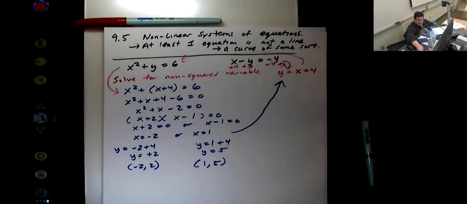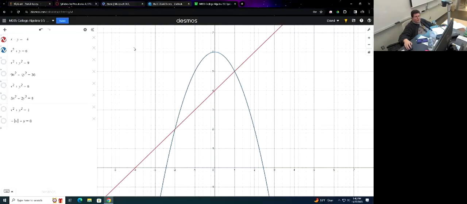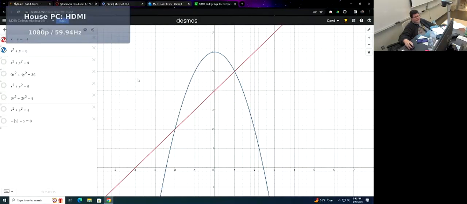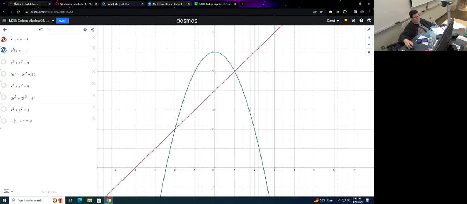I'll bring that back in a second, but just to show you, x squared plus y equals 6 is a parabola that opens down. X minus y equals -4 is the red line. They intersect at -2, 2, like we had, and 1, 5. So we found the points of intersection. Kind of neat, huh?